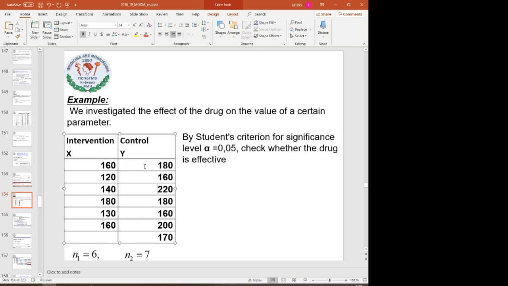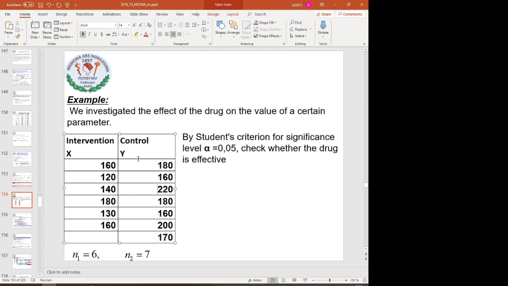Is it effective? Mainly we see that those numbers are less than those numbers. The x numbers are less than y numbers, but is this difference statistically significant or not? We are not sure, because we have very small samples, and this study can be just a preliminary study.